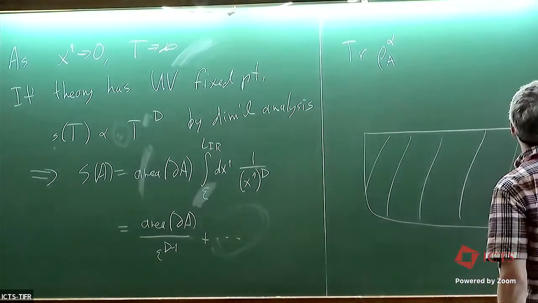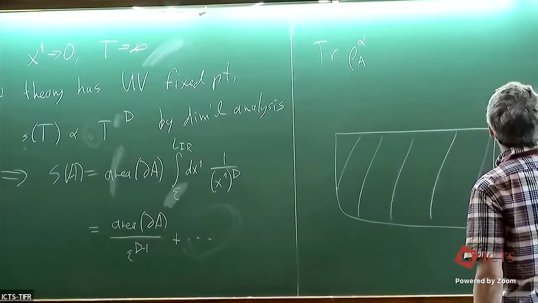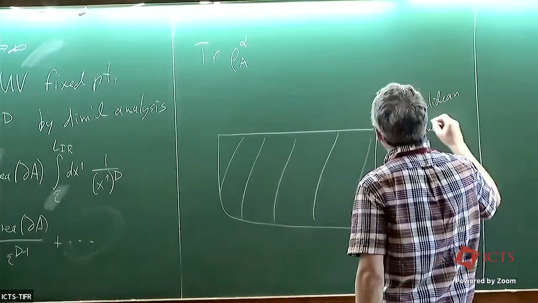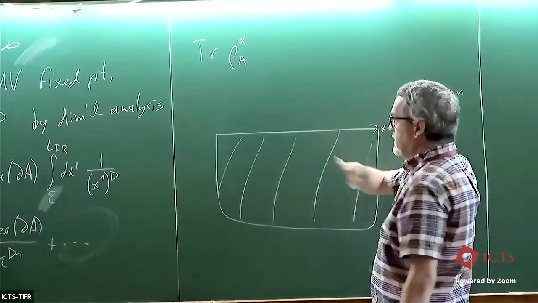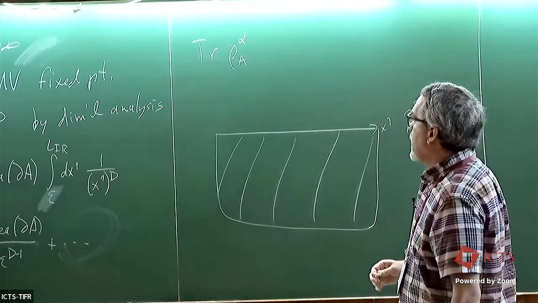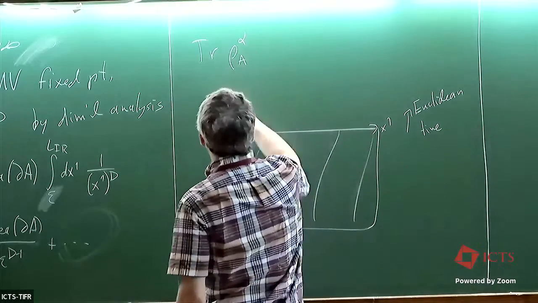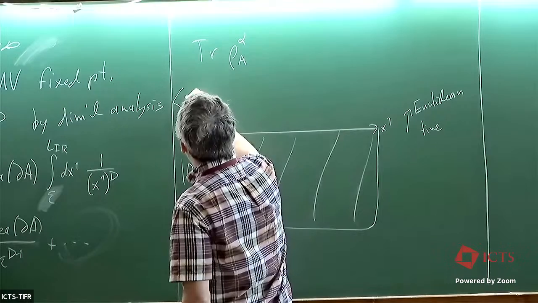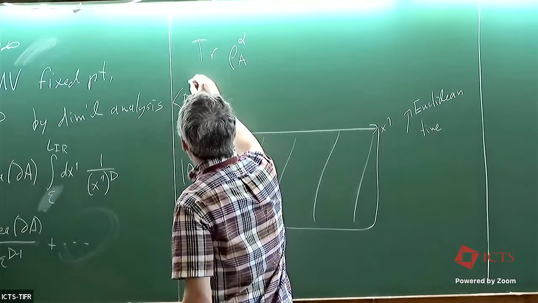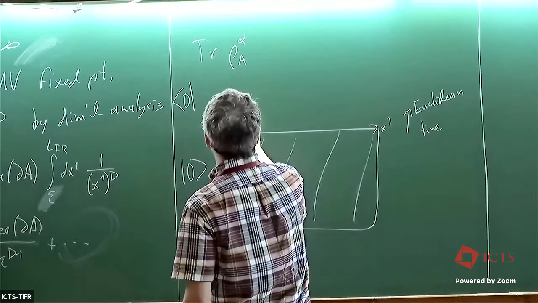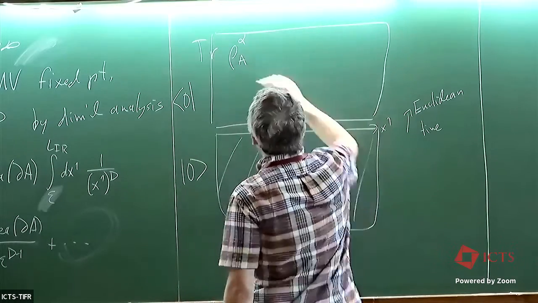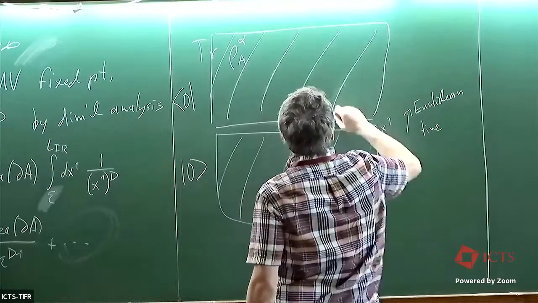So this is my Euclidean time direction, and this is my x1, and I have the other directions. And the dual state is this path integral.